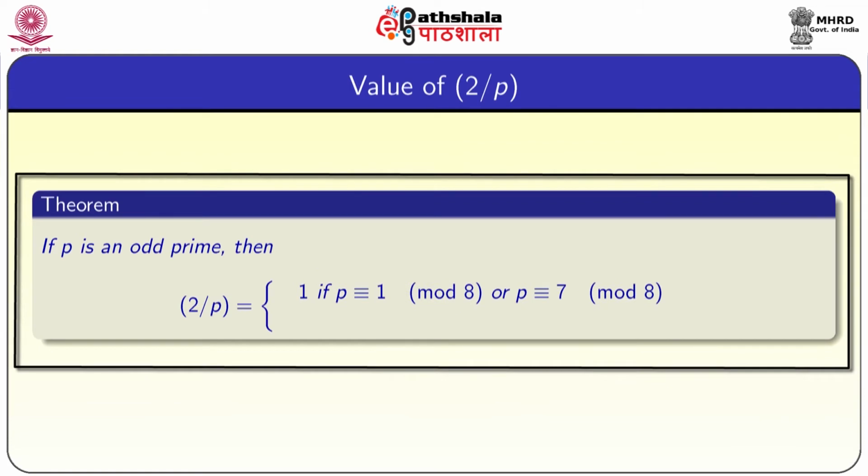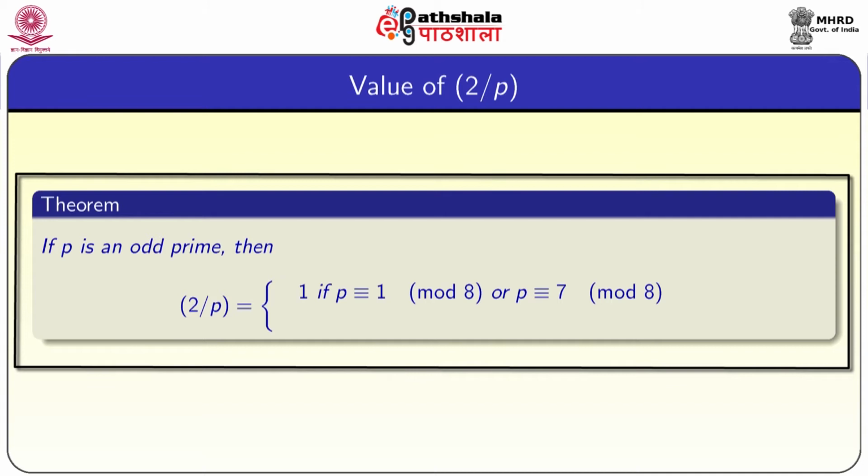Now we are going to compute the values of (2/p). Here (2/p) means we are evaluating the Legendre symbol (2/p). That means we want to find out for which primes 2 is a quadratic residue modulo p.